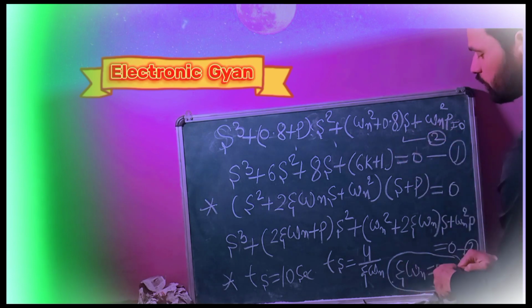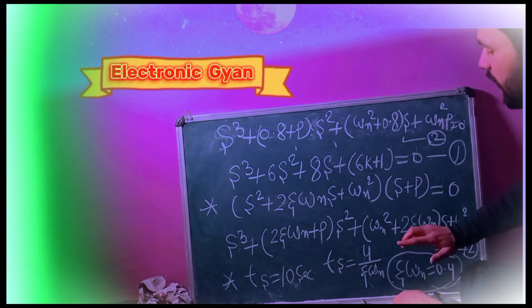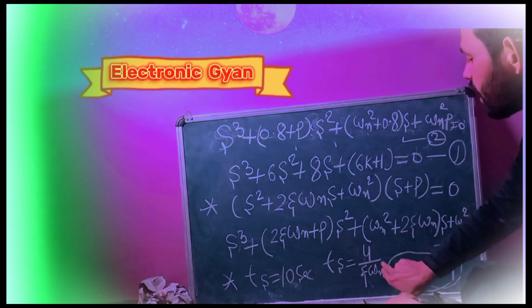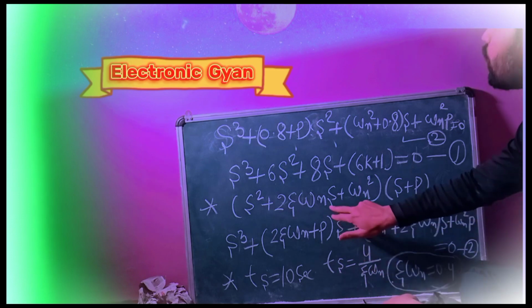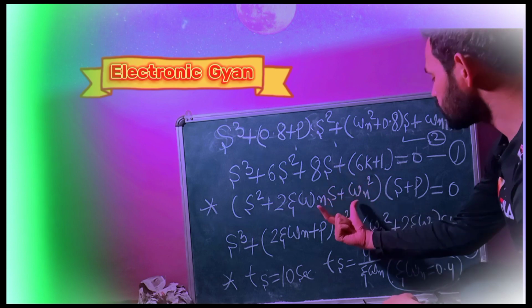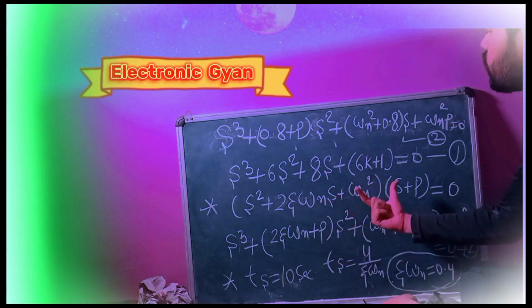By putting the value of zeta omega n that we have obtained with the help of the given settling time, and this settling time is for the second order system, because we have taken the assumption of the second order dominant pole.